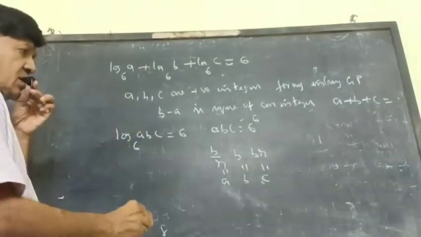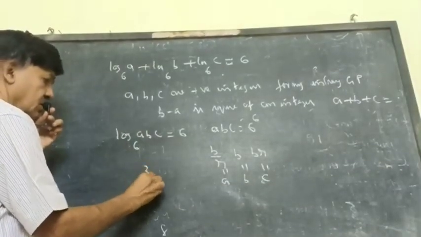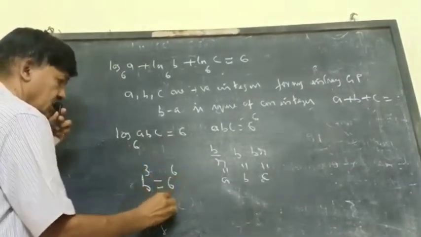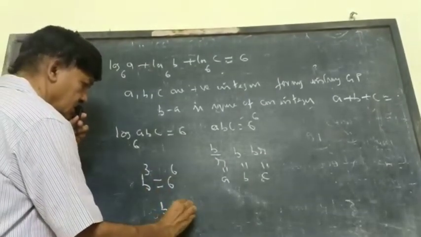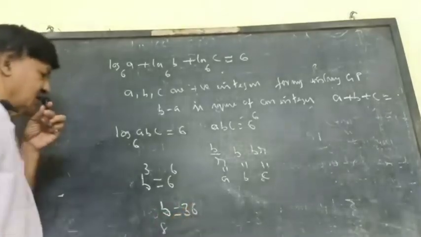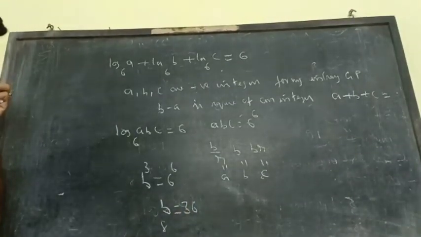If I multiply all of them, I am going to get B cube equal to 6 power 6. B is equal to 36.